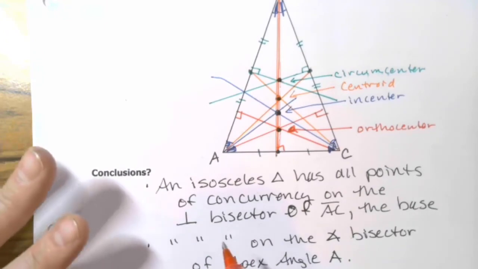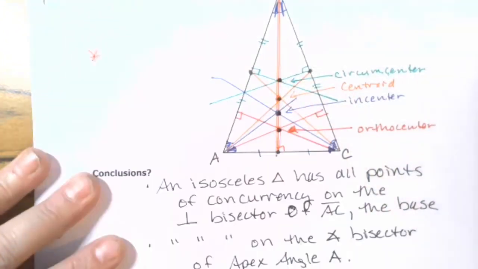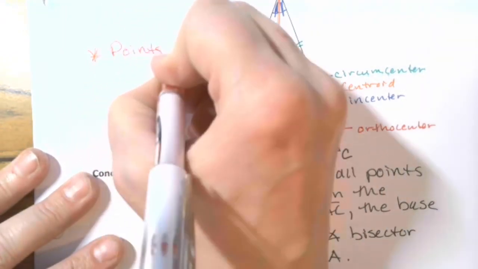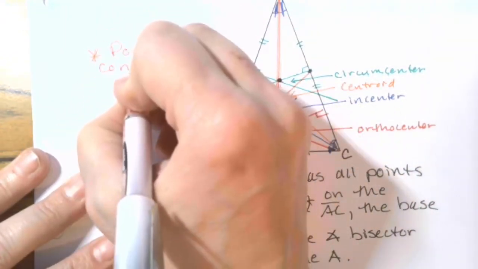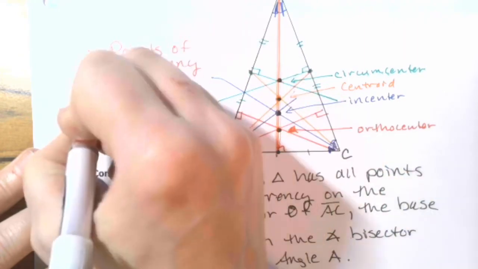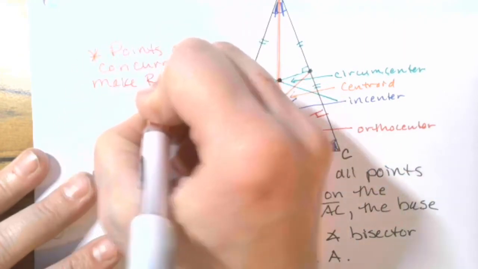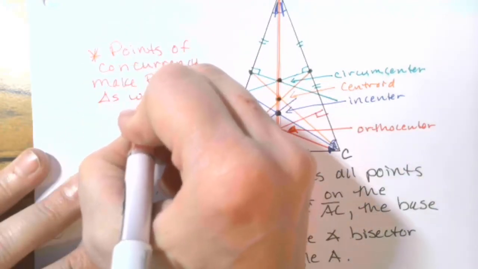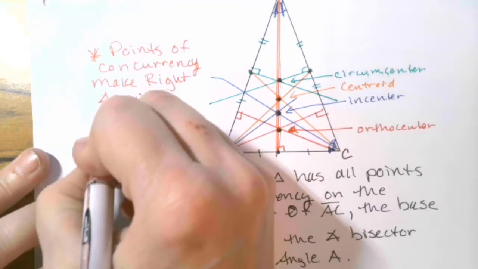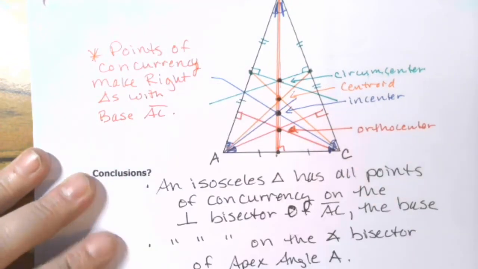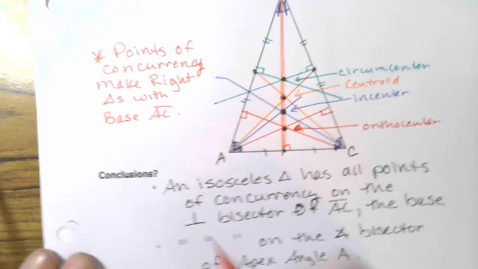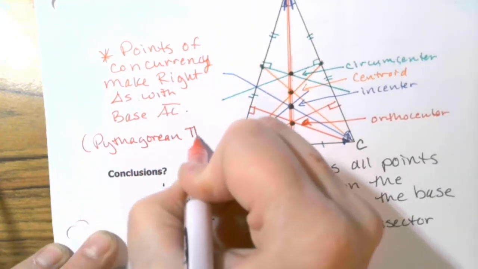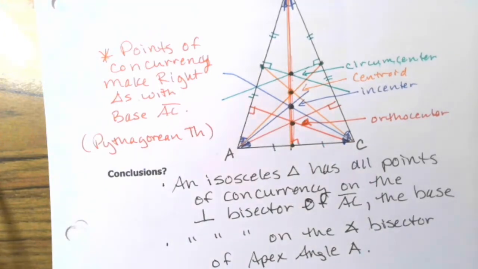So you want to write that in, that the points of concurrency make right, sorry, that's supposed to be a CY, make right triangles with base AC. So you've got a lot of different places where you can use the Pythagorean theorem because that gives you the sides of right triangles.